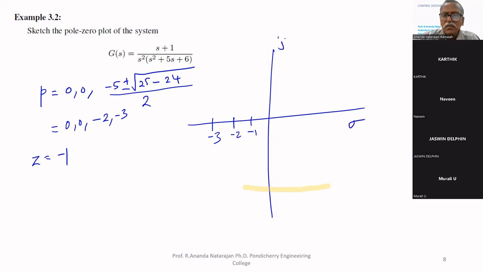On the sigma j omega axes, mark -1, -2, -3. Here the zero at -1 is there. At -2, one pole. At -3, one pole. This is asked: how to represent repeated poles. At 0, 2 poles are there. One pole you can mark like this. How to represent the second pole? We have to draw like this.